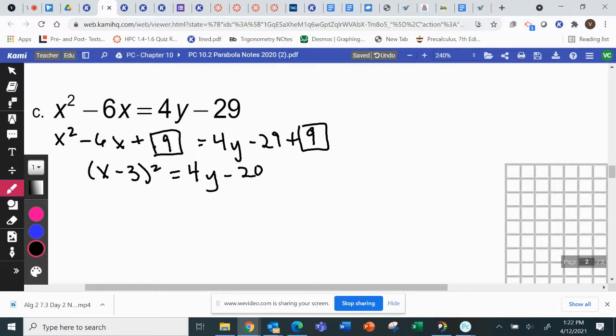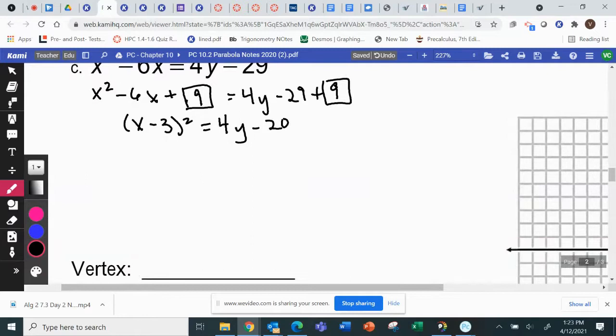To be in vertex form, we have to have it either Y equals or X equals. Whatever's not squared, we're going to make it equal to that. So I'm going to get Y by itself by adding 20 and then getting rid of the 4. So I'll have 4Y equals X minus 3 squared plus 20.